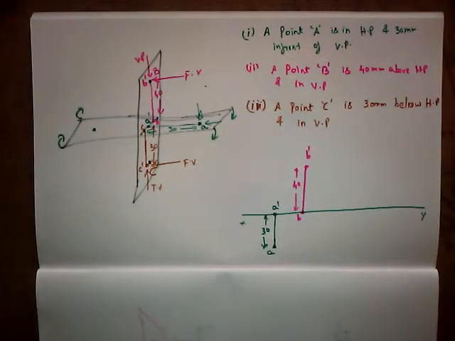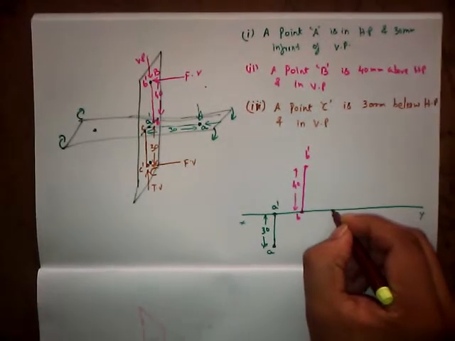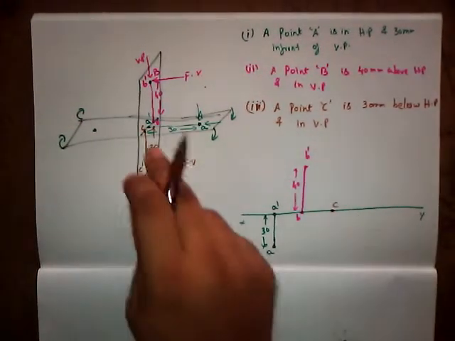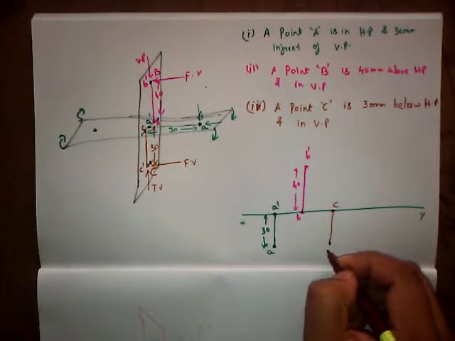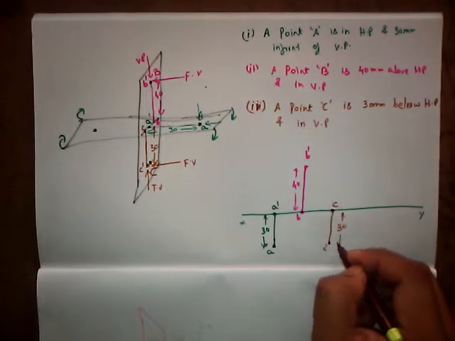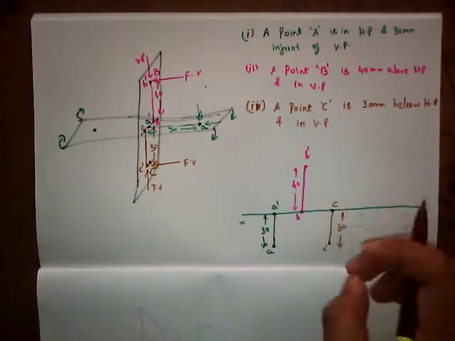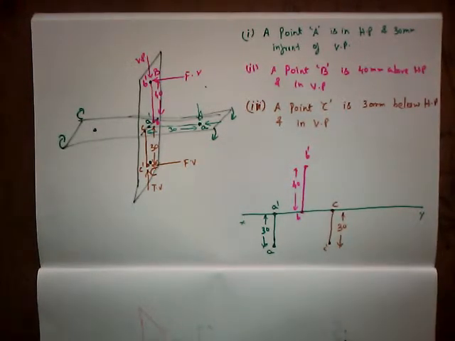Okay, so if we draw, the point is present on the XY reference line itself. So on the XY reference line we have small c, and below the XY reference line we have c dash, which is at a distance of 30 mm. So this is our ground line, and these are all our projectors, projector 1, 2 and 3. This is how we need to do.